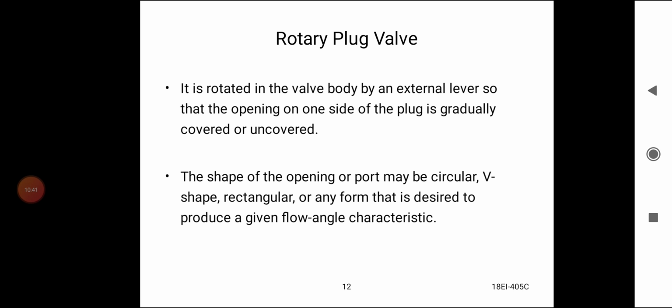The shape of the opening or port may be circular, V-shaped, rectangular, or any form that is designed to produce a given flow angle characteristic.